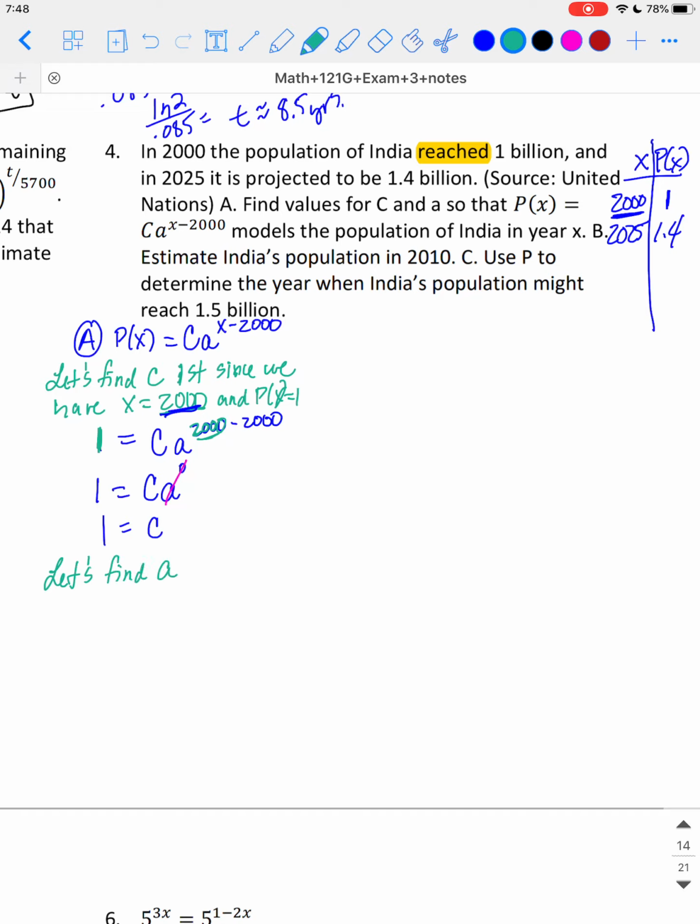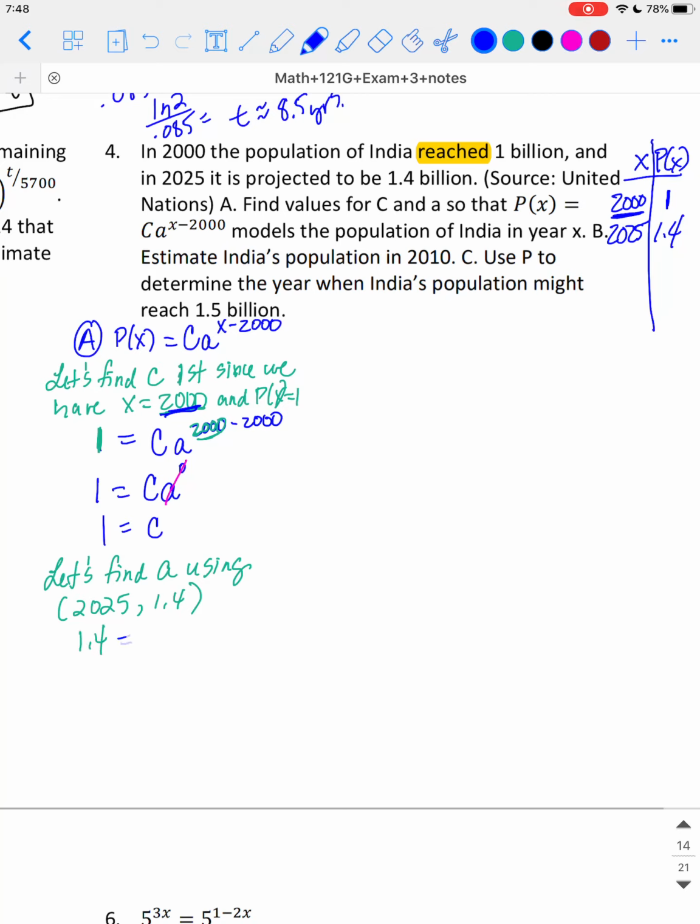So let's find A, using the second point, 2025, comma 1.4. Okay, so let's substitute stuff in.